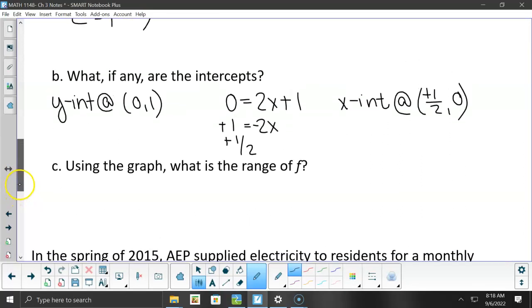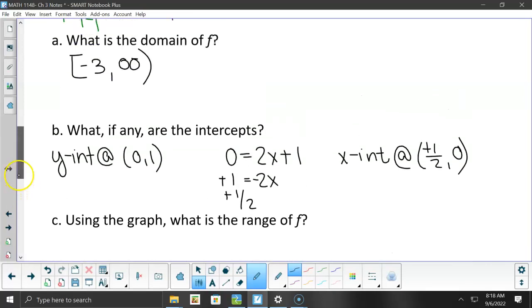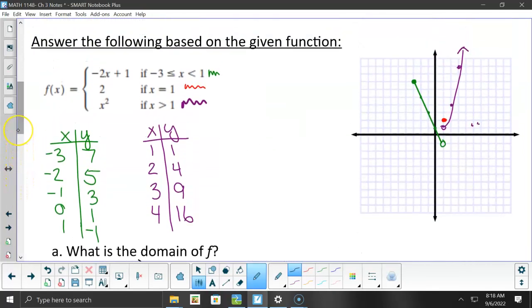All right. Now my last part is range. And range is honestly easiest to figure out if you just look at the picture. So, what is the lowest this graph goes? -1. Is it including the -1 or no? No, because it's an open hole.